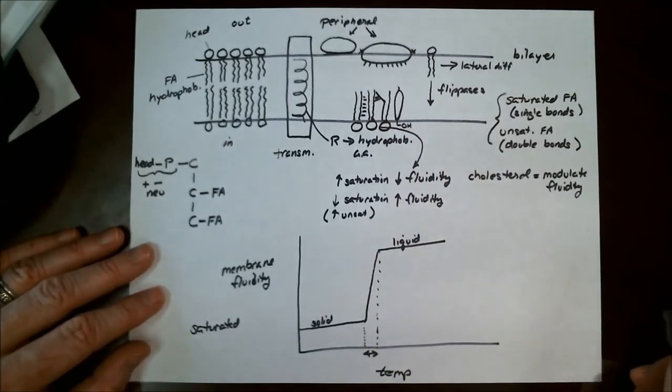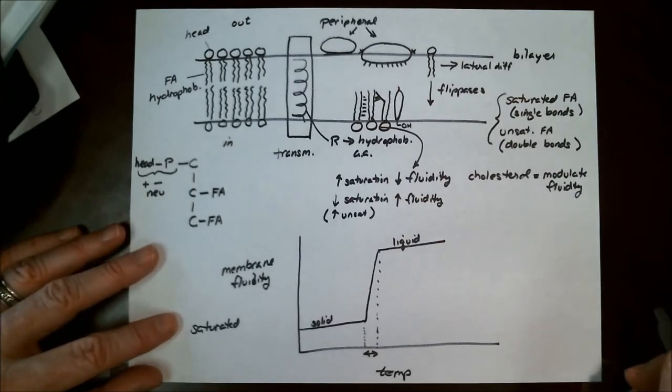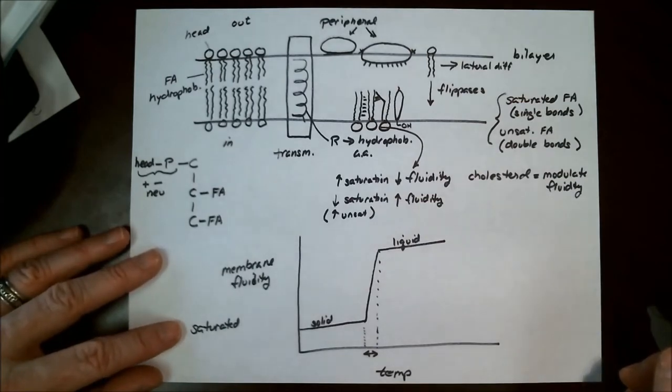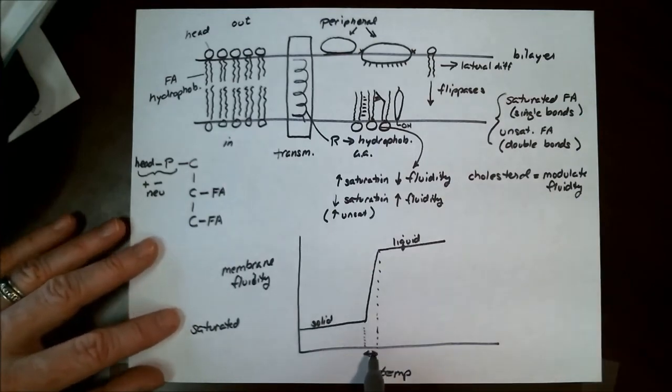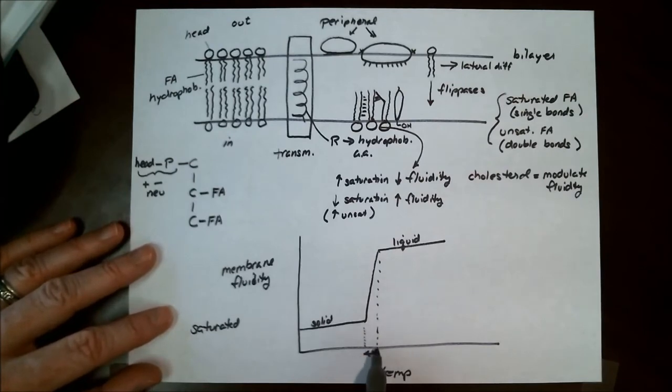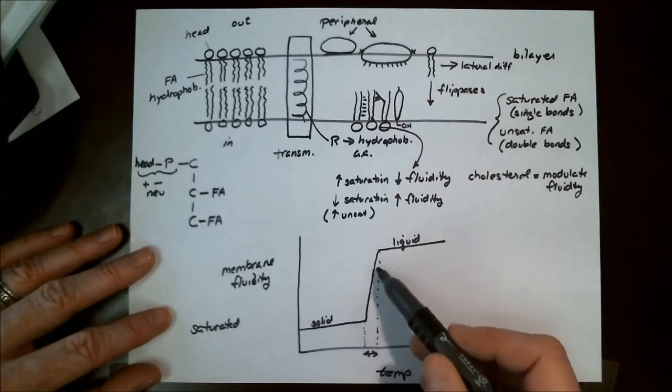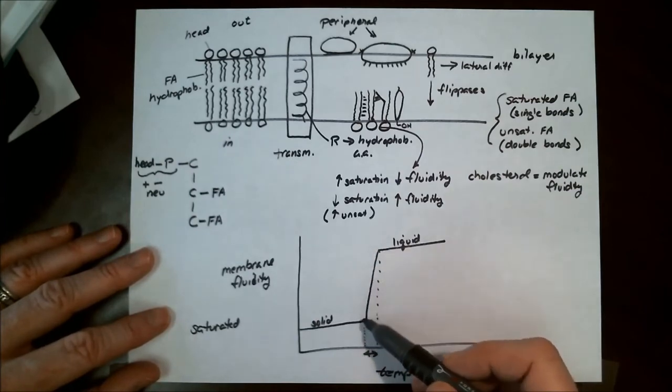This would indicate a pure substance, just like in organic chemistry, a fully saturated phospholipid. Now the problem with this is that if our membranes were constructed of all saturated phospholipids, we would have a very narrow temperature range where our membranes would be a proper biological fluidity.